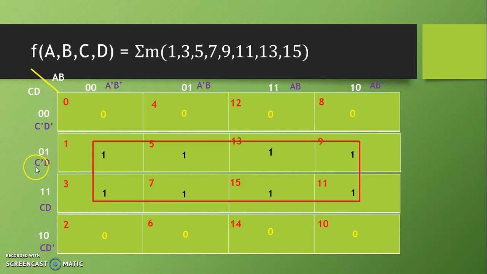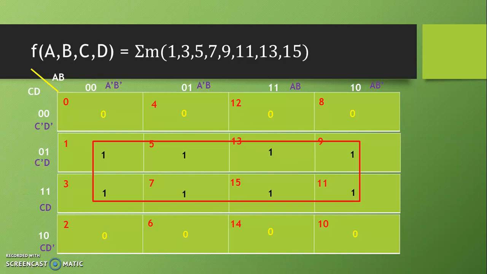So we can see that C bar D and CD. So D remains common. One variable, that is C, we can eliminate, and D, because it remains common, we will have to consider for the final product term. So from the row side, A and B, both the variables are eliminated. On the column side, the C variable is eliminated.